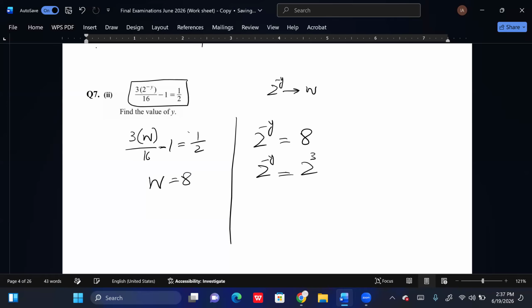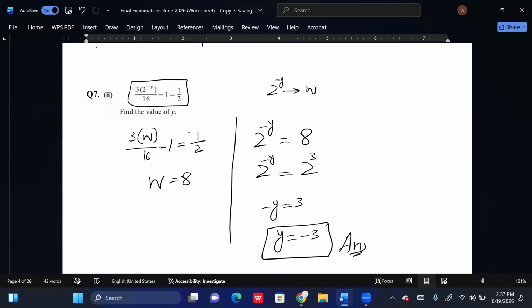Yes, the two bases are the same. But I'm looking for the value of y, not minus y. The minus must be removed, so the value of y will be negative 3. This is your final answer. Yes, we got the value of y as well.